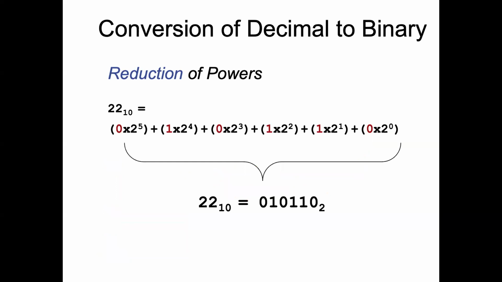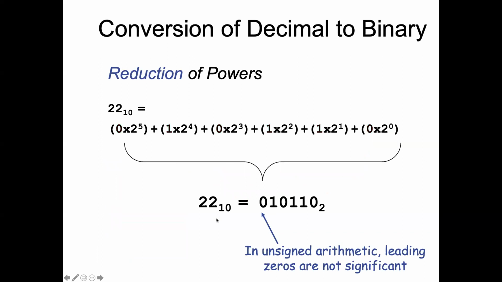In this case, if we wrote down this number as binary, we would get 0, 1, 0, 1, 1, 0, which hopefully is binary for 22. This looks a lot like the number we had a couple of slides ago, except it's got this extra 0 in the high order bit position. Does that matter? Like numbers in base 10, writing extra high order zeros doesn't really change the value of the number.